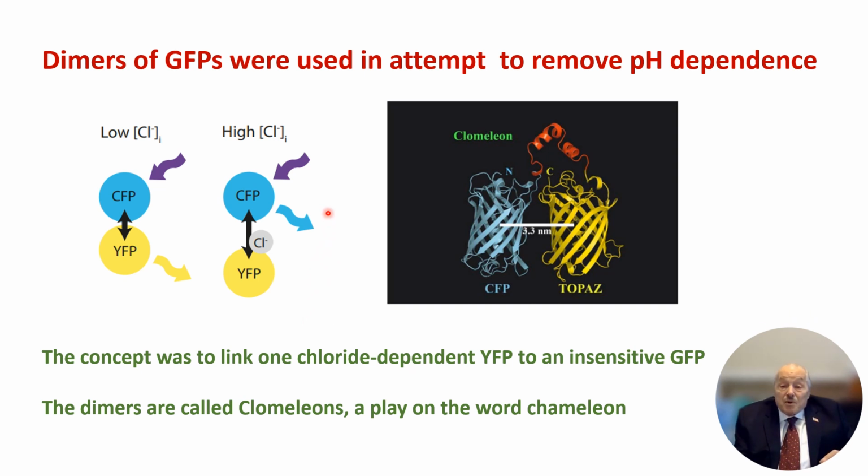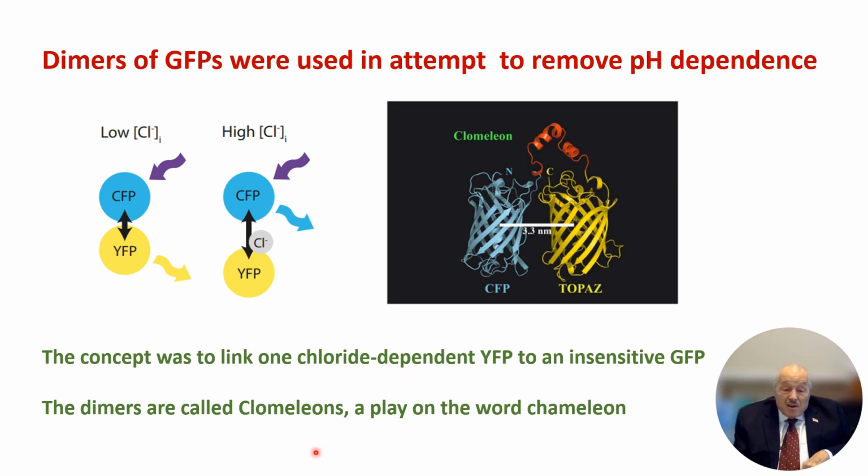The initial thought was that you would use one GFP that was sensitive to chloride, another GFP that was not sensitive to chloride, and link them together. I think a drawing like this was done because it was reasoned that binding of chloride would change the amount of energy transfer between the two differently colored GFPs.